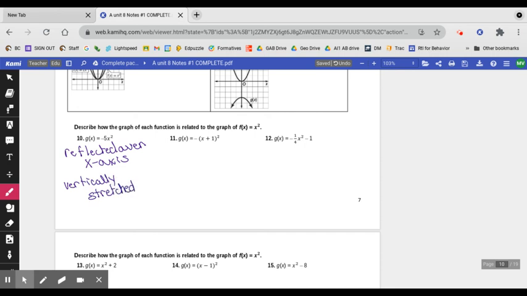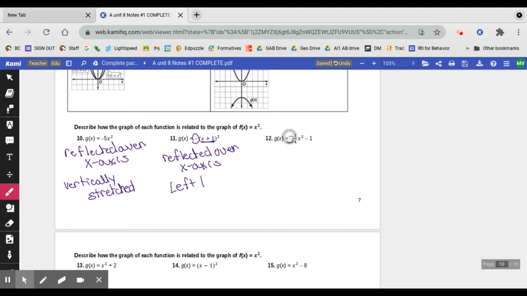Here, this minus sign is a reflection over the x-axis. Then in parentheses, we're adding 1, so that's left 1.